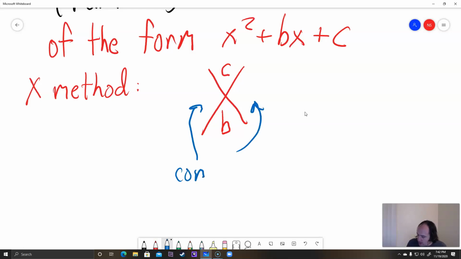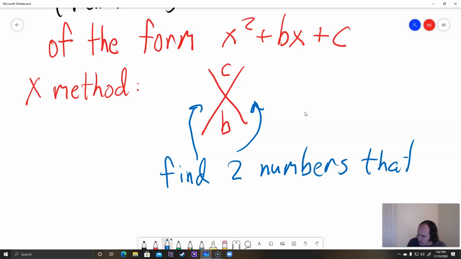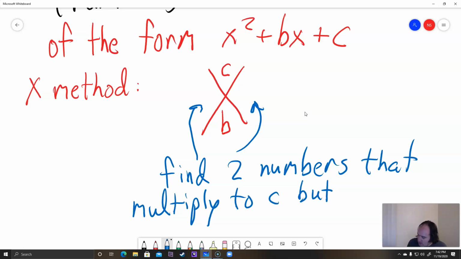Find two numbers that multiply to c but add to b.